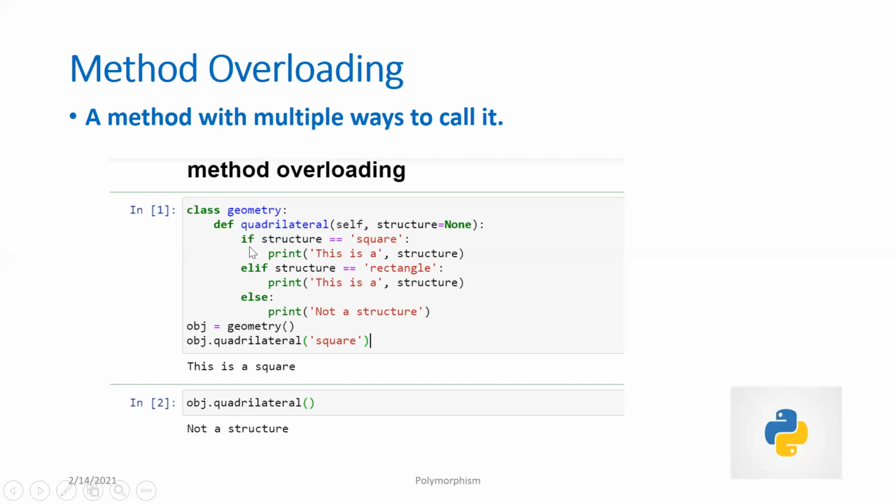The first condition is, if structure equals square, if the structure holds the value square, then it will print the next statement. Whatever the structure is, it will print the name.